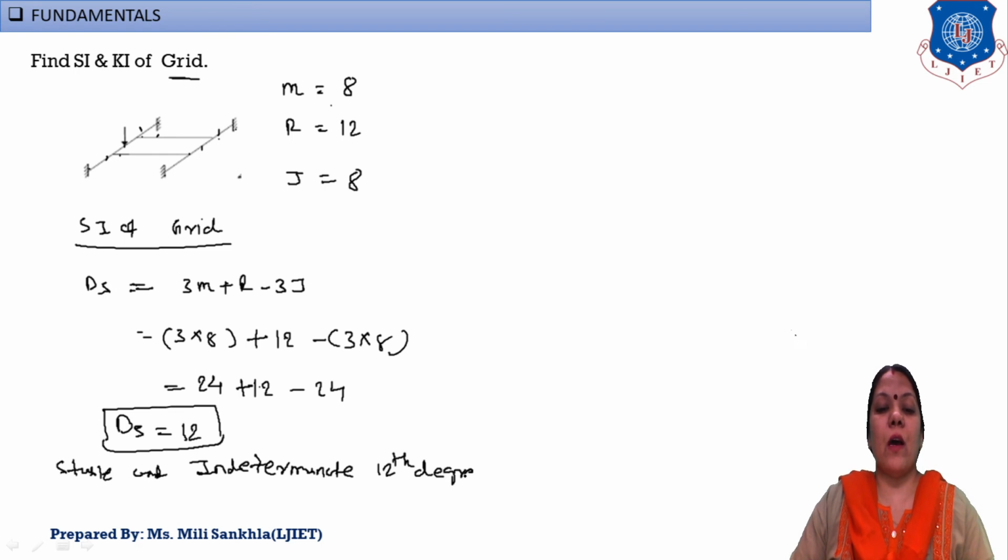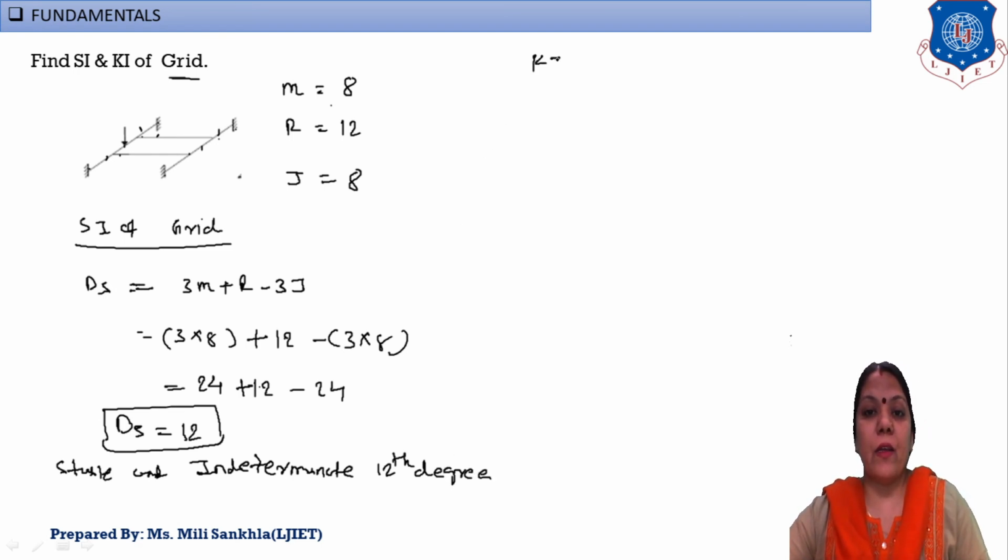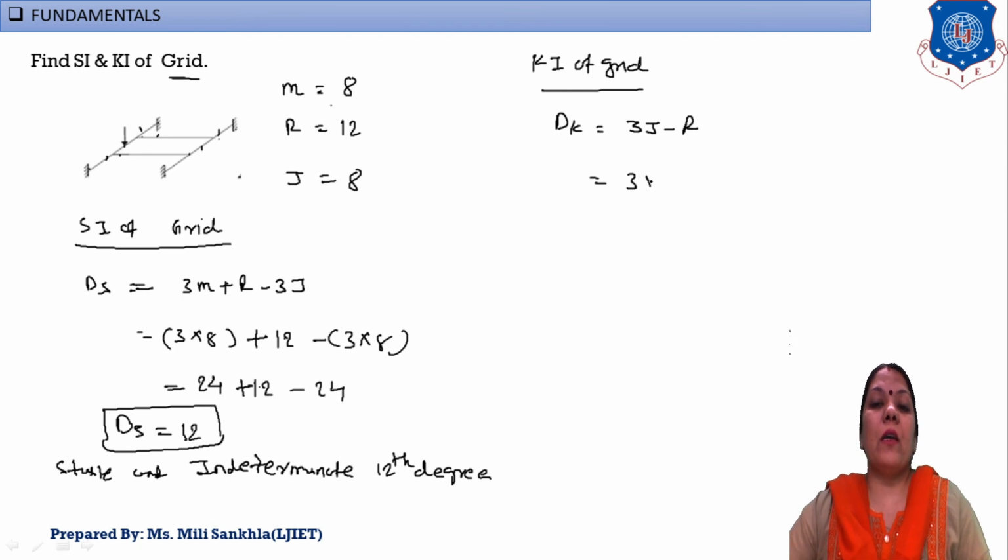Now we find the ki of grid. The equation of this ki: dk is equal to 3j minus r. 3j is 8 3s and minus r is equal to 12. Now 8 3s are 24 minus 12 is equal to 12.